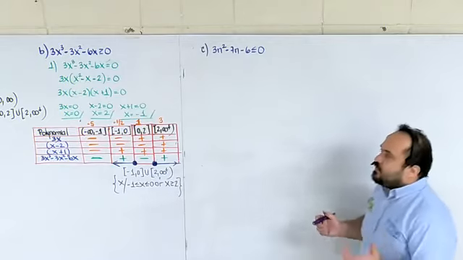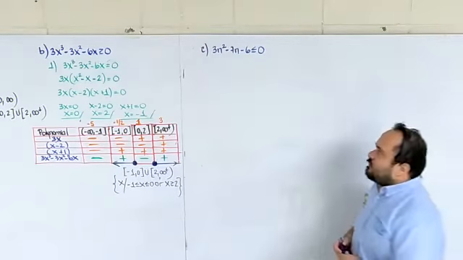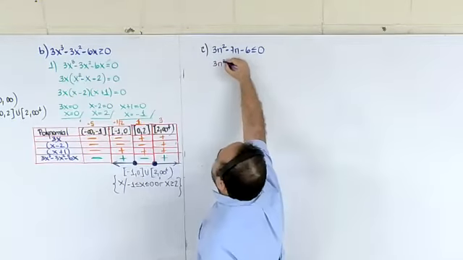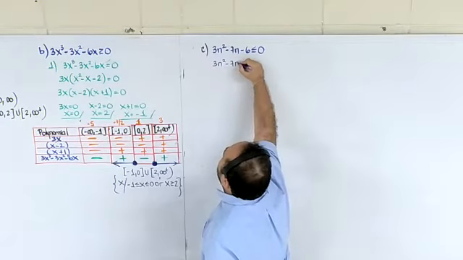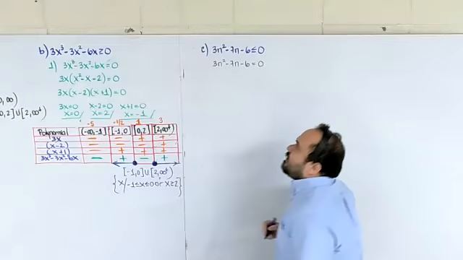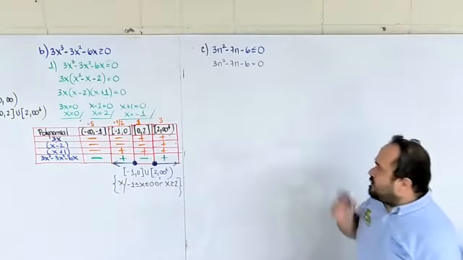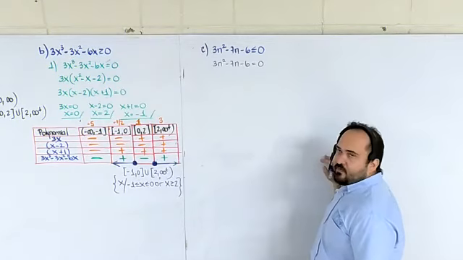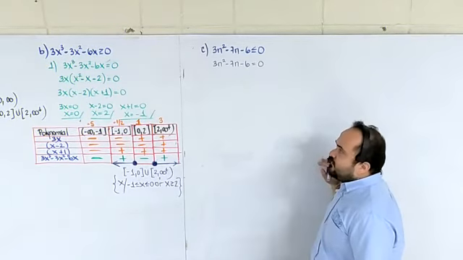Well, remember, we have to turn the inequality into an equation. I mean, 3n squared minus 7n minus 6 equals 0. And we have to try to factorize this. Remember, when we have a number different than 1 in n squared, we forget about the middle one and try to factorize.